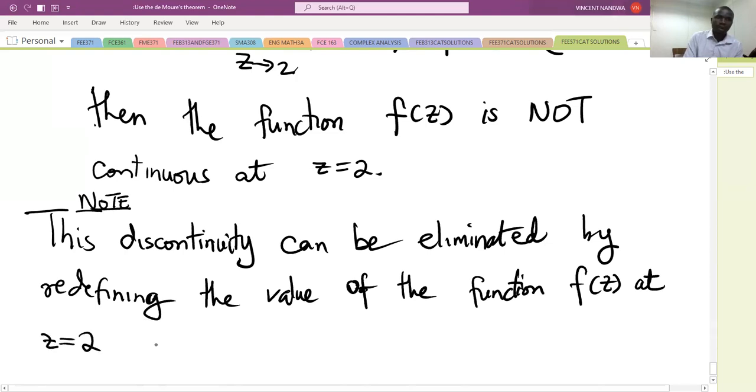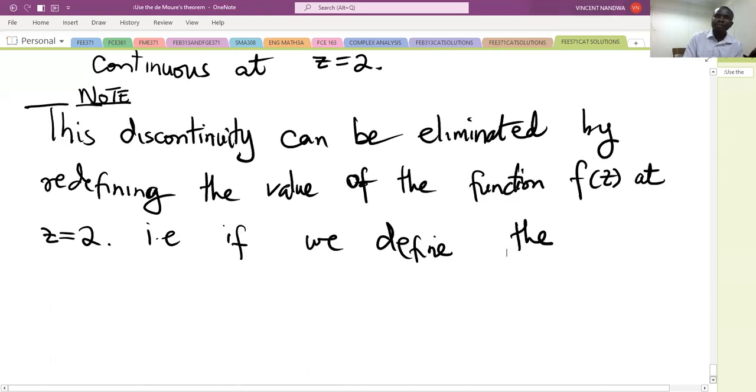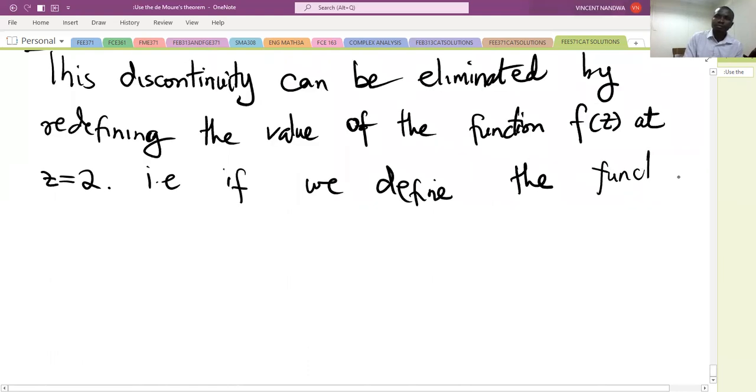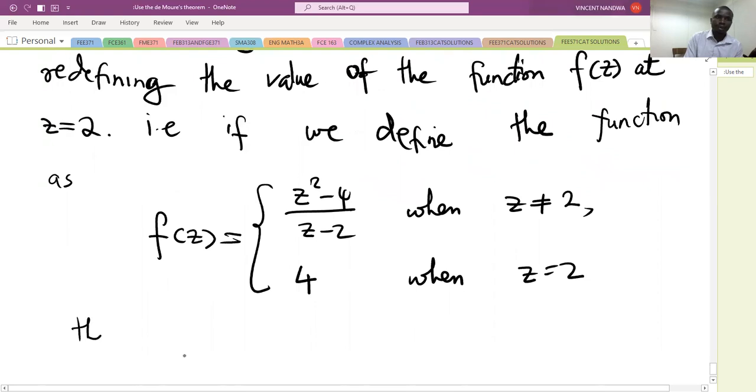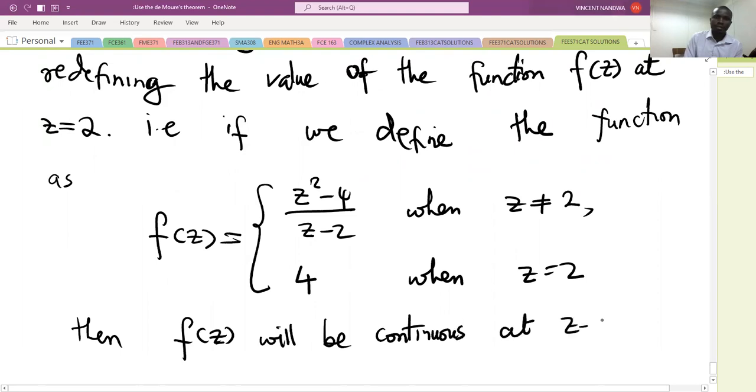I.e., if we define the function as f(z) equals (z² − 4)/(z − 2) when z is not equal to 2, and we say 4 when z equals 2, then f(z) will be continuous at z = 2.